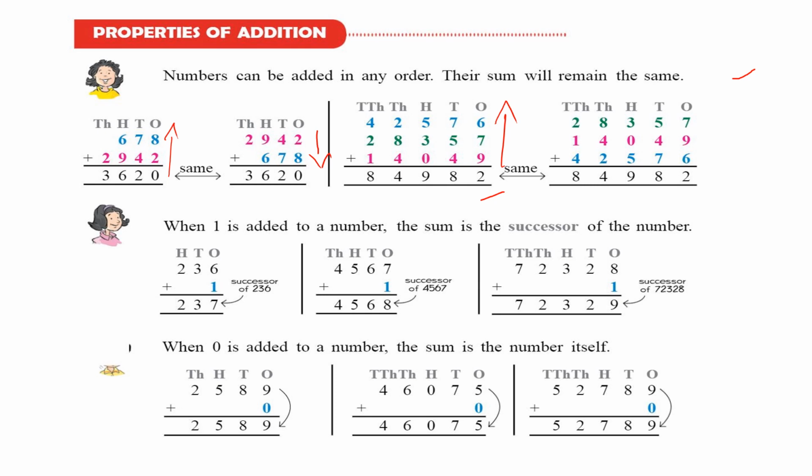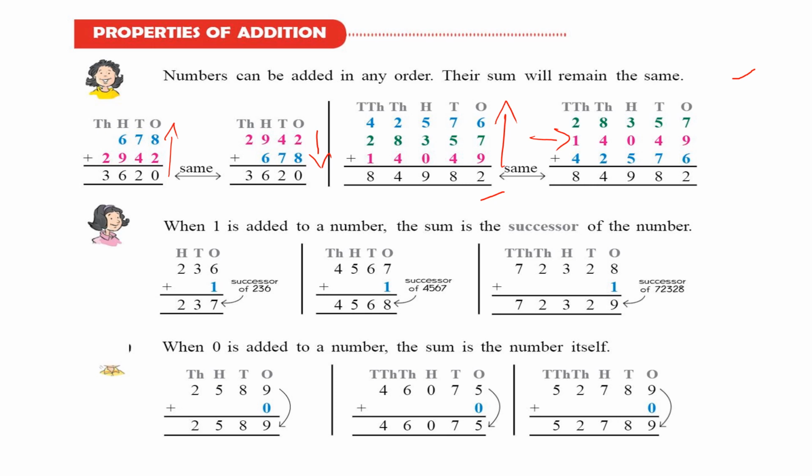But in the next method, they have written 14,049 in the second place. That is, they have changed the place. Even if the place is changed, the answer will not change. Both ways we get 84,982. There is no change in the answer.